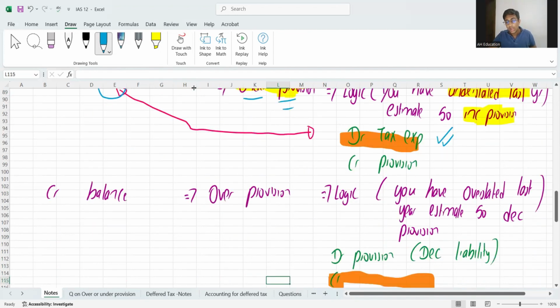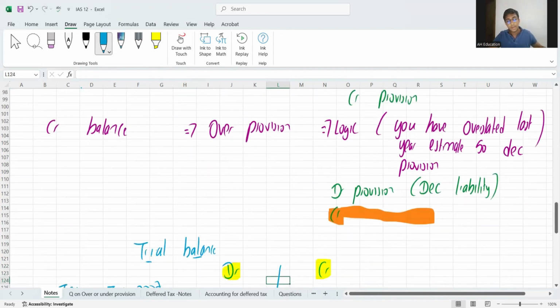Now, coming to over provision. If my last year's balance in my trial balance is a credit balance, on the credit side, that I call an over provision. What would be the logic? In my last year, 2007, I have overexpensed my profit or loss.